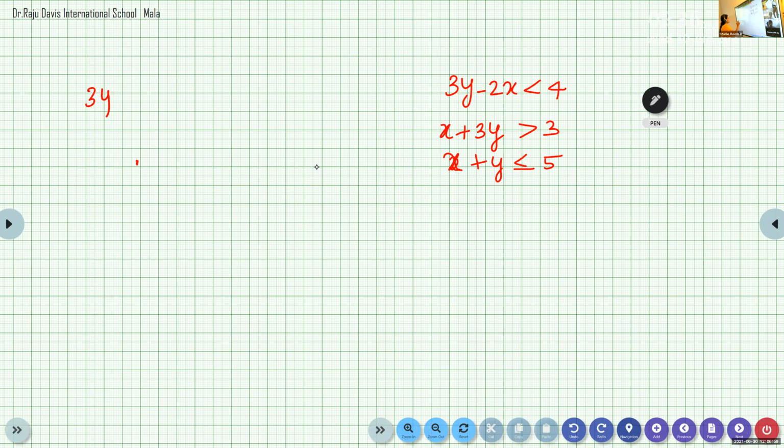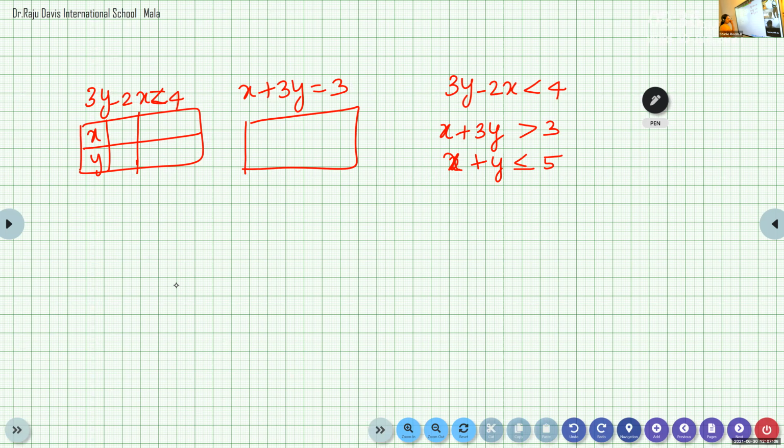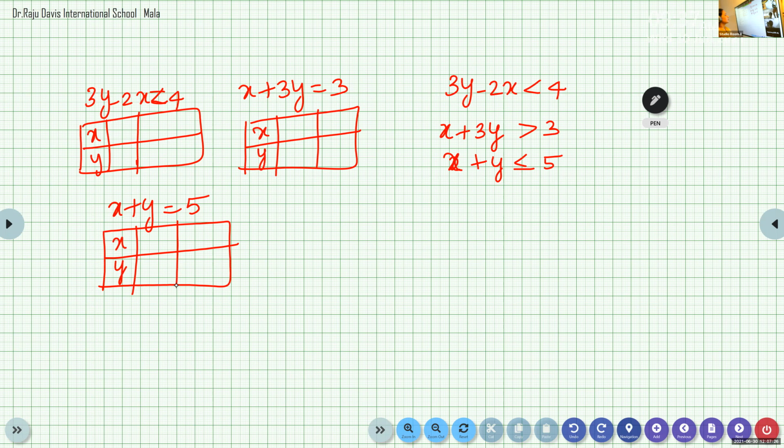Again the next one, x plus y equal to 5. Okay, find the solution set.